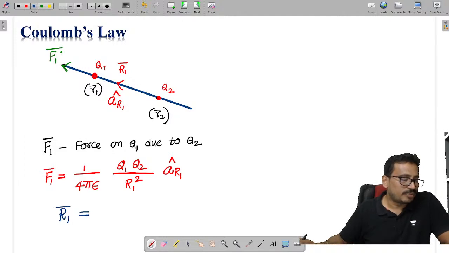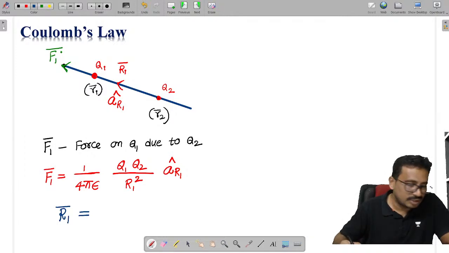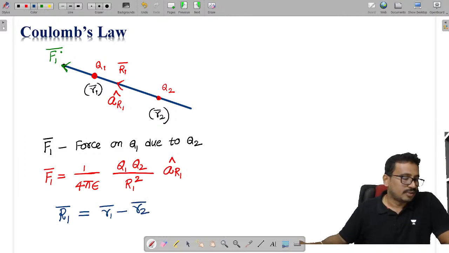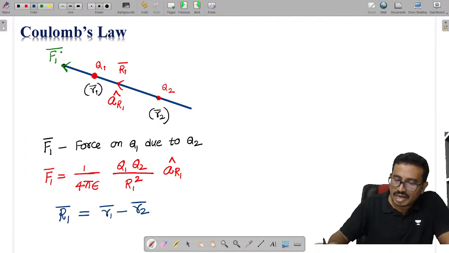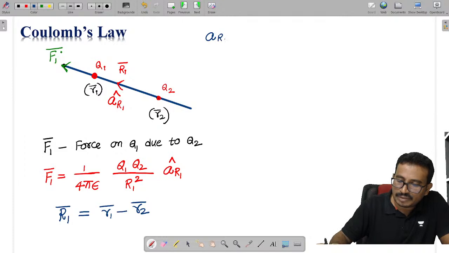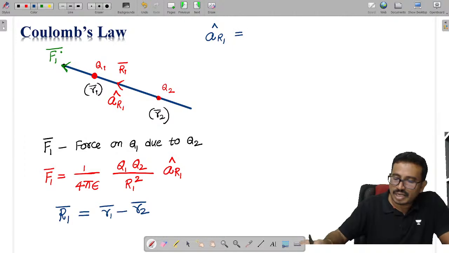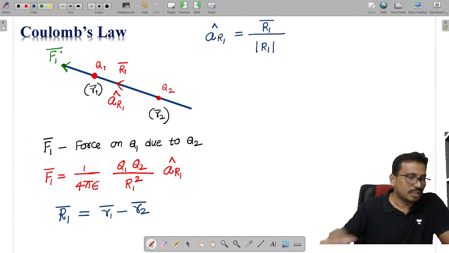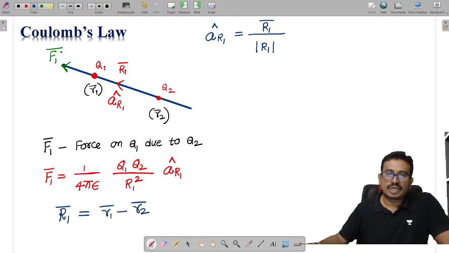Q1 is the final point, the distance is R1, so I can say R1 bar minus R2 bar. And this AR1 cap is the unit vector along the direction of R1, which is given as R1 bar by modulus of R1 bar.